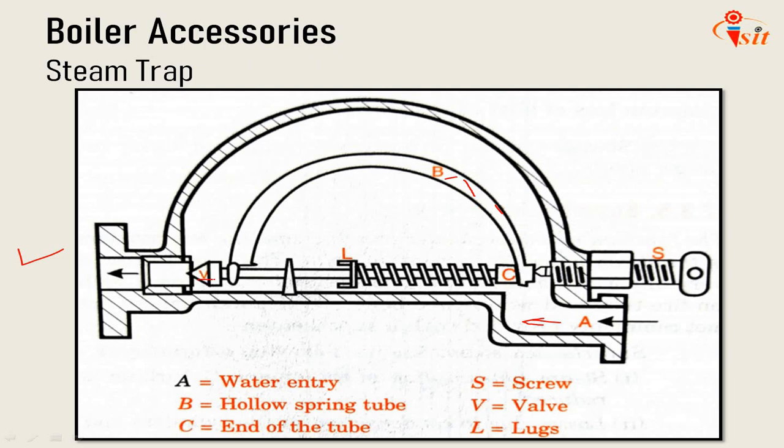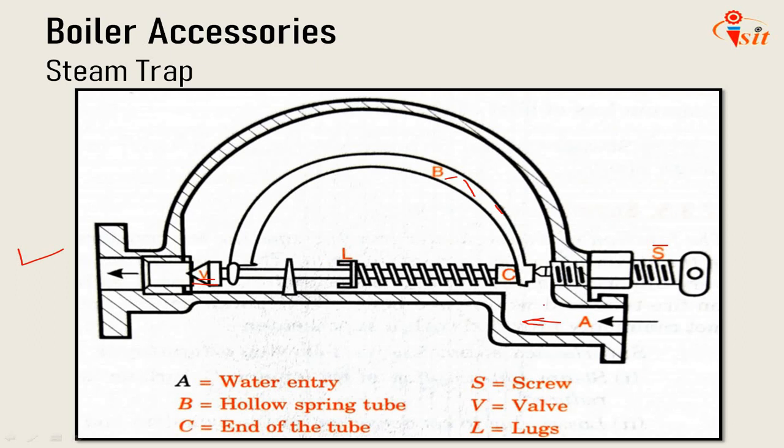Here this valve is open. When all the water is discharged and the steam enters the trap, the increased temperature converts the liquid in tube B into the gas. The curved tube tends to straighten itself and consequently the valve V is closed. By adjusting screw S, the trap can be arranged to discharge either continuously or intermittently.